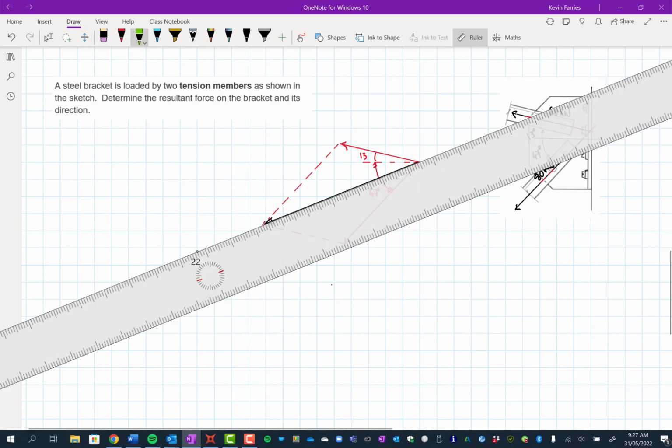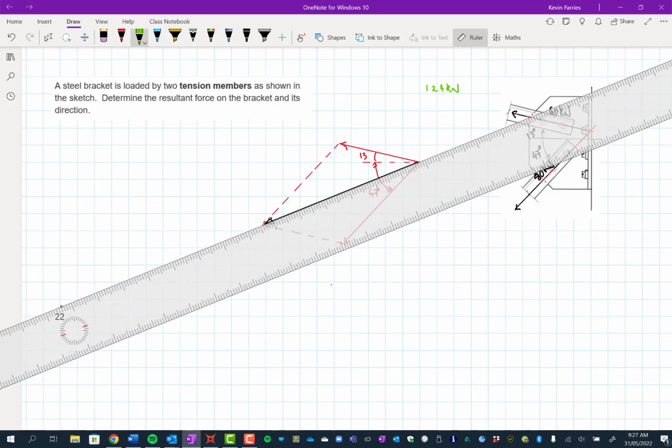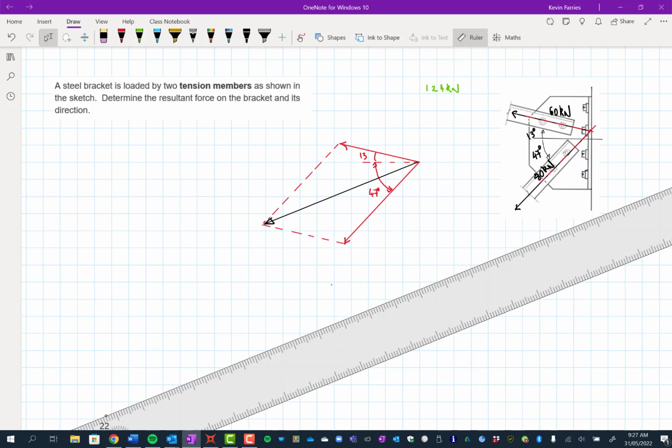So it looks like from the scale drawn, we're getting something like 124 kilonewtons, and it's acting at an angle of approximately 22 degrees. Okay, so that's just what we're going to use to check our answer.